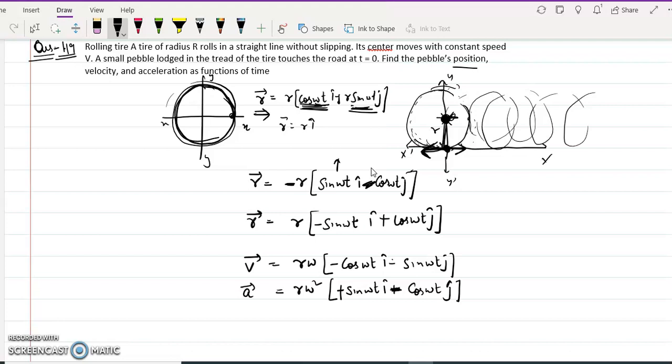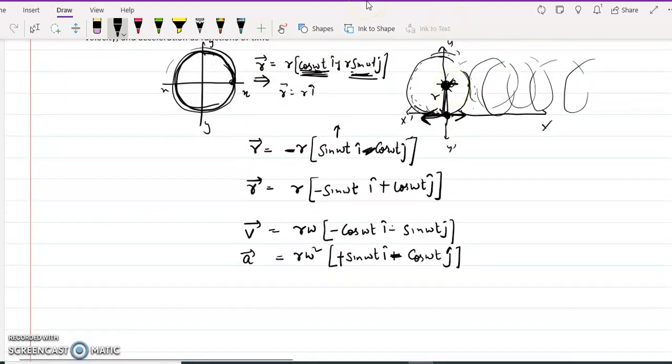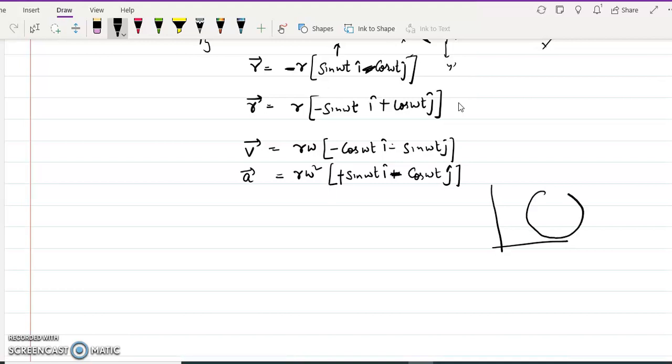Now, this is according to the frame of reference of this center. But we have to find it according to the frame of reference of the origin which we have been given. So suppose at time t the pebble is here. This is the position vector of the pebble.